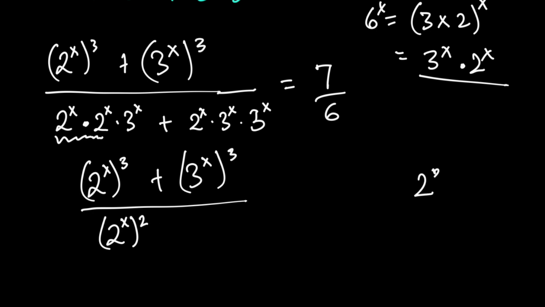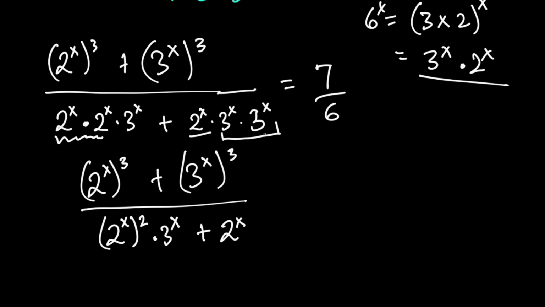Because 2 to the power 2x could be written as 2 to the power x, to the power 2, because we take this one to multiply this, and that is possible. Cool. So now this is what we are getting, then times 3 to the power x, which is this right here. Then next we have the addition sign, and then over here I'm keeping the 2 to the power x, and then multiply these two numbers.